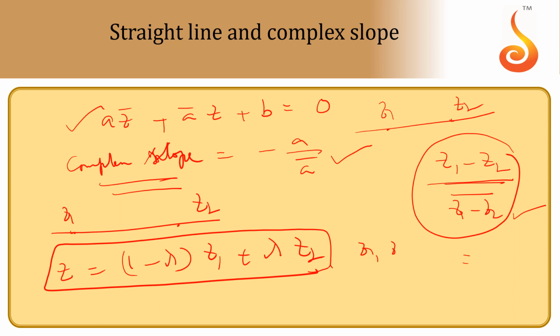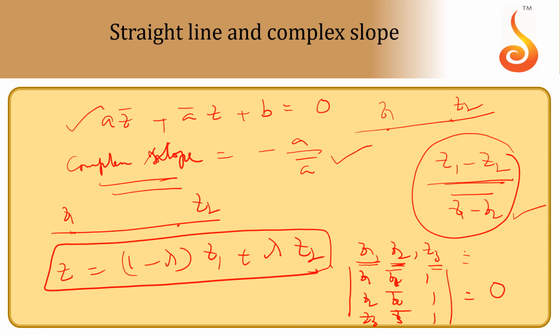Similarly, if z1, z2, z3 are 3 collinear points, then the determinant with rows z1, z1 bar, 1; z2, z2 bar, 1; z3, z3 bar, 1 will be 0. Actually, in place of z3, z3 bar, if I use z, z bar, I'll get the equation of the straight line passing through z1 and z2.